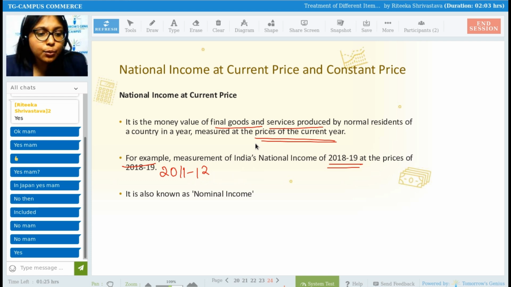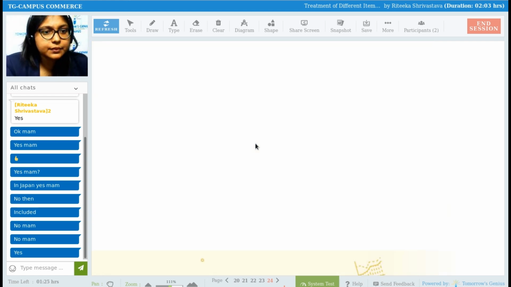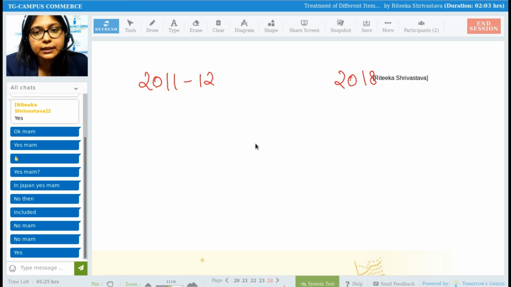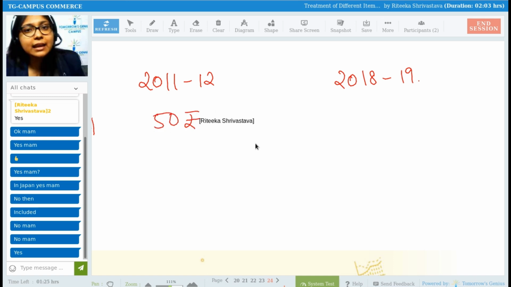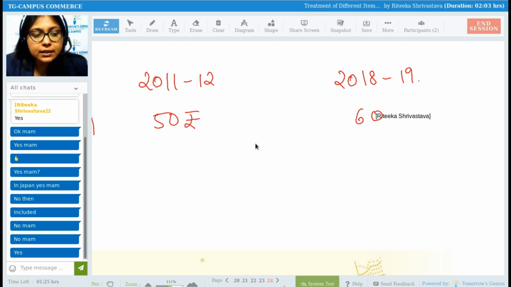Say suppose there is one good A. In 2011-12, the price of good A was 50 rupees. The same good A is priced at 60 rupees in 2018-19.